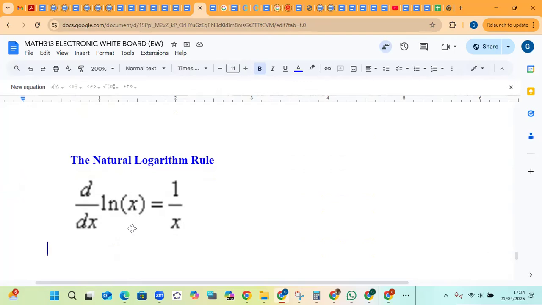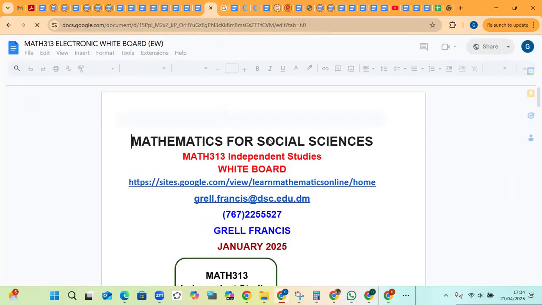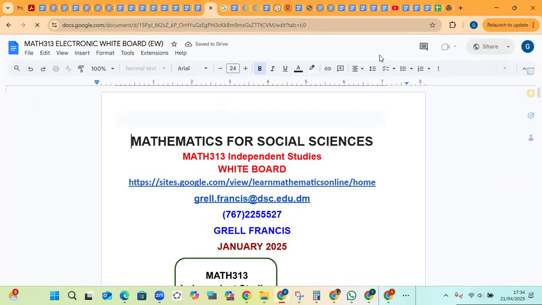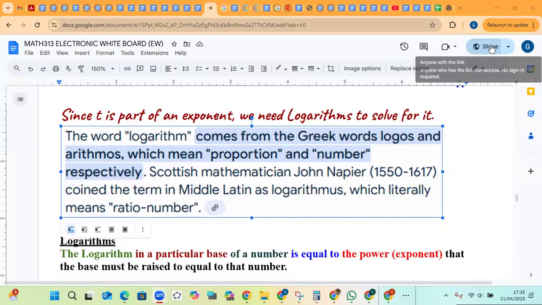Then you have the natural logarithms rule. Natural logarithms come from the logarithms that we studied, and once you talk about logarithms, there is always a base. The word logarithm comes from the Greek words logos and arithmos, which mean proportion and number respectively.